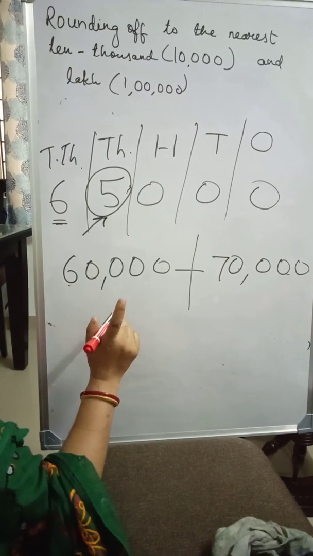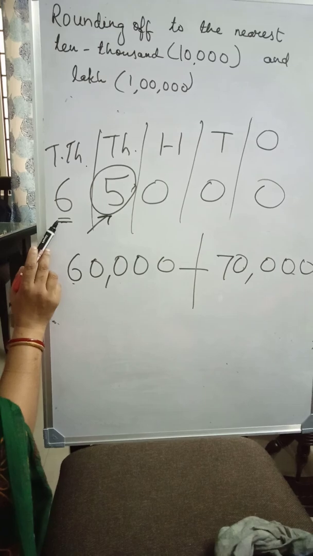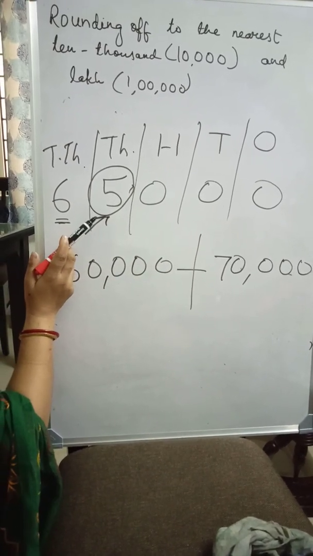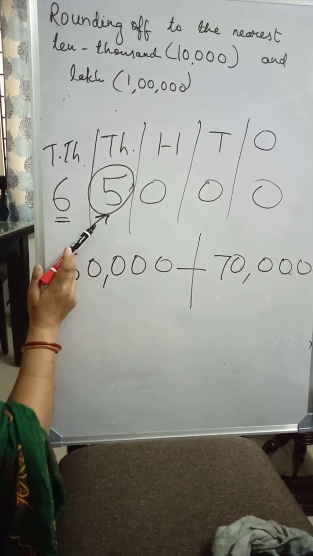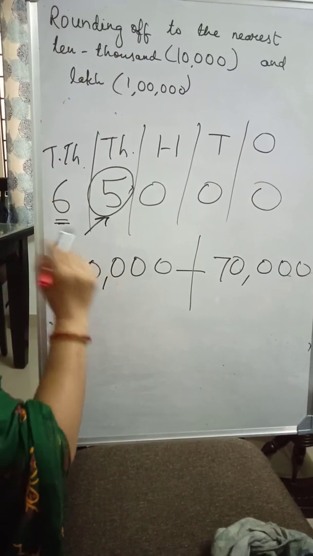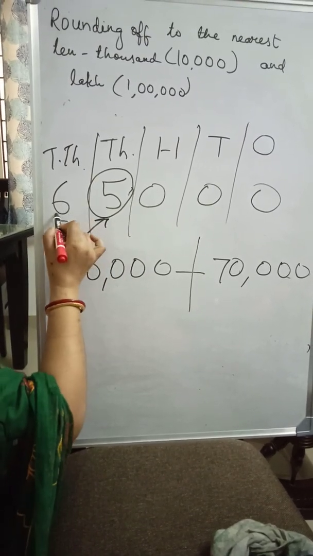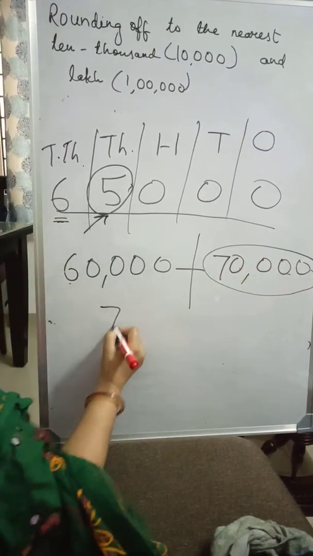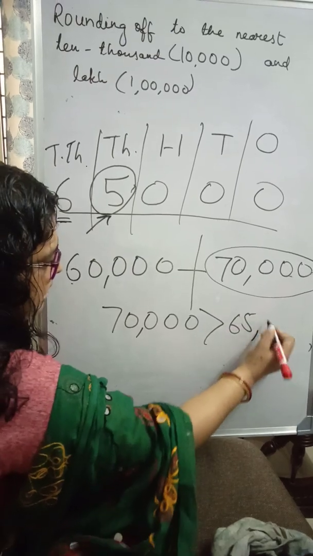When we have to round off the number 65,000 to the nearest 10,000, and the digit at the thousand place is 5, 6, 7, 8, or 9, then we round off to the nearest multiple of 10,000 which will be more than 65,000. So here 70,000 is more than 65,000.